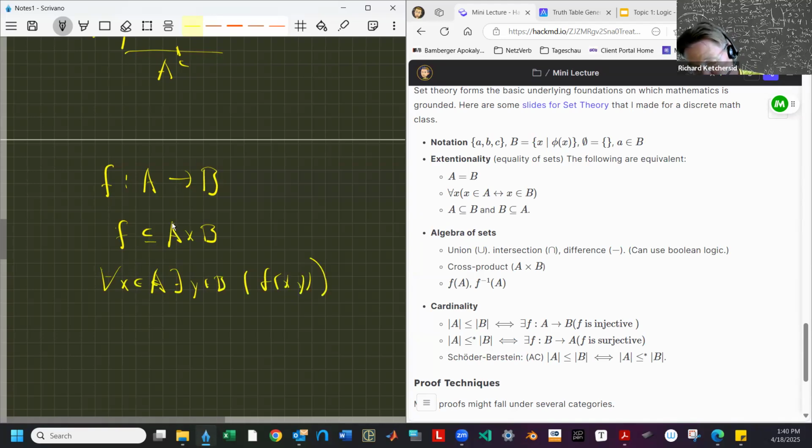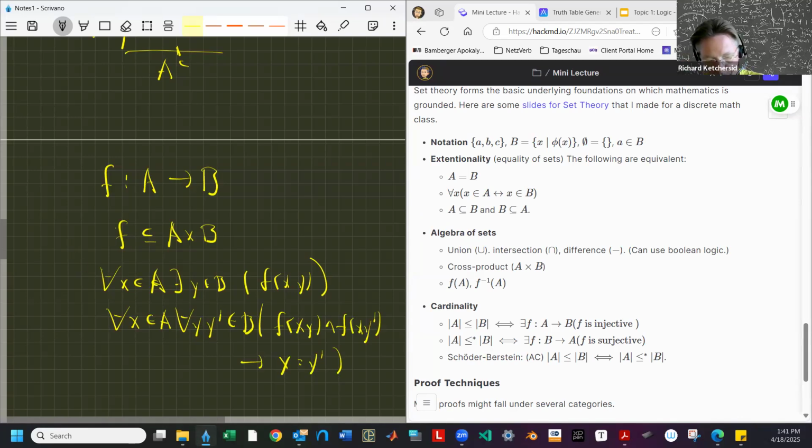This is saying the domain of f is A. And it also says for all x in A, for all y and y prime in B, if f(x, y) and f(x, y prime), then y equals y prime. So there can only be one value for an x. That's the single-valuedness of a function.